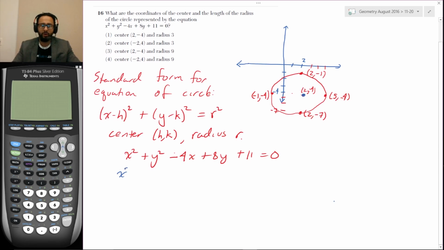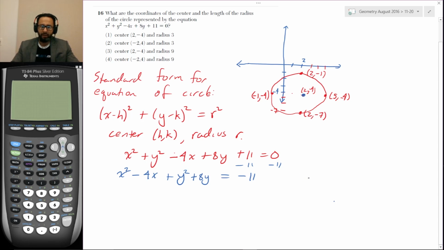I'm going to subtract 11 from both sides: x squared minus 4x plus y squared plus 8y equals -11. And the reason I'm doing that is so I can just focus on completing the squares on the right side.